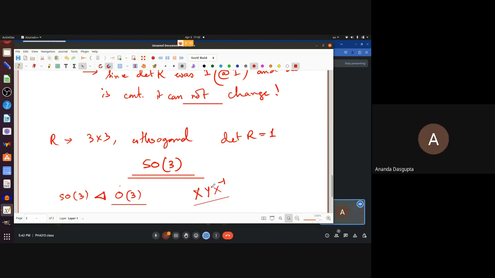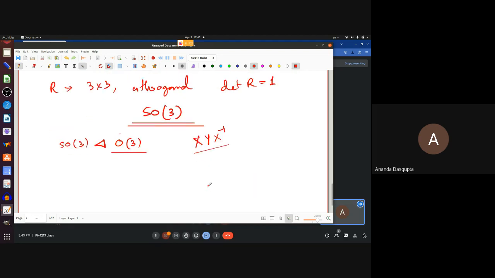I don't care what the determinant of X is. Actually, SO3 is a normal subgroup not only of O3, but of GL3. Take any invertible matrix X, form XYX inverse. If Y has determinant 1, XYX inverse will also have determinant 1. So SO3 is invariant under this conjugation operation for every element in O3, even every element in GL3.